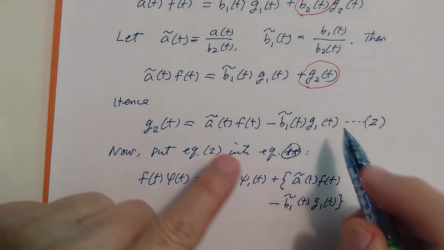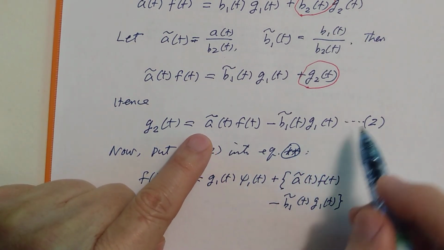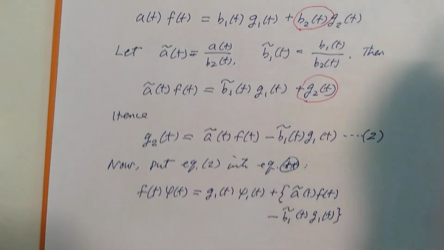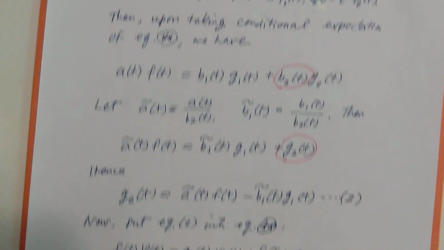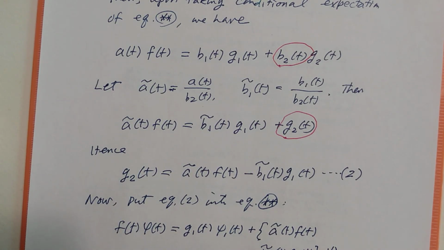This is g_2 from equation 2. And we put it over here, and then times psi_2(t).